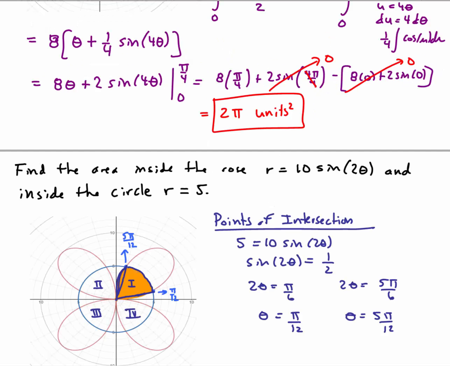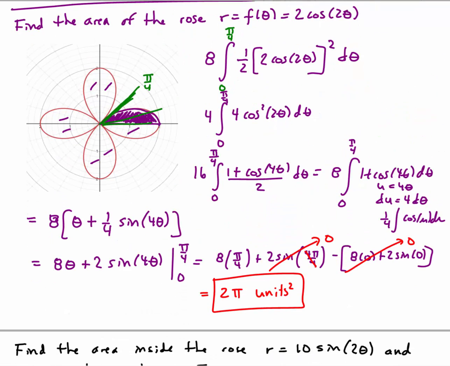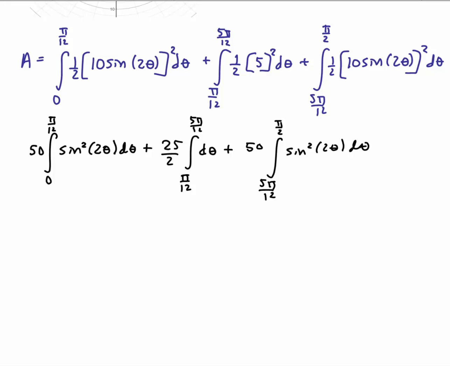Now remember the half angle identity that we worked with up here earlier: 1 plus cosine of 4 theta over 2. We'll end up rewriting down here 1 minus cosine of 4 theta over 2 d theta.